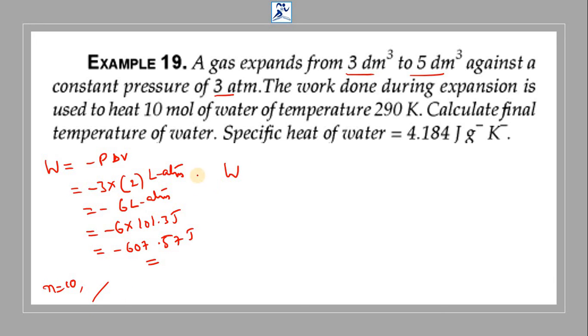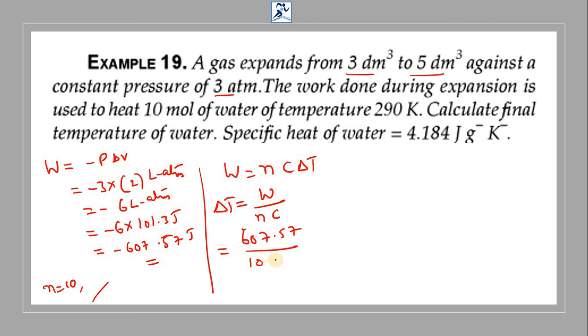So W is equal to nCΔT, and ΔT becomes equal to W by nC. The W value we have is 607.57, n value is 10 and C value is 4.184 into molar mass of water. On simplification you will get the answer 0.81 Kelvin.